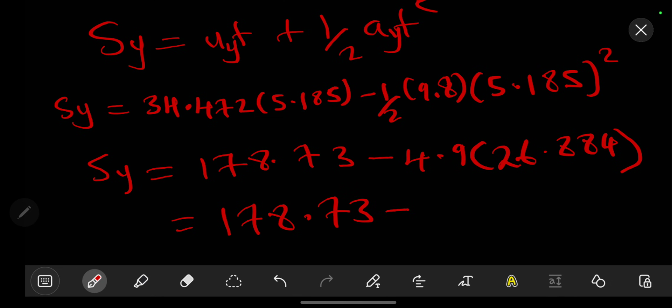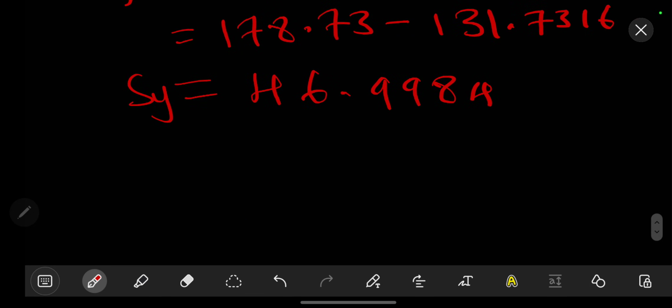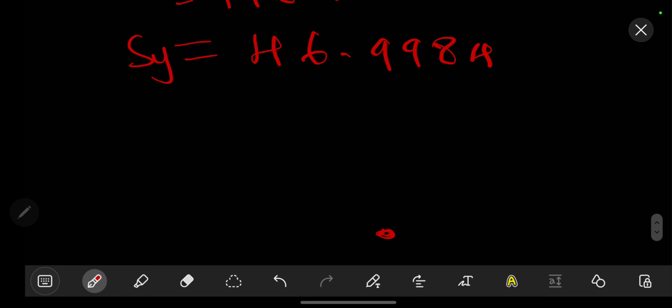So multiplying, we are going to get 178.73 minus 4.9 times 26.884. This is going to give us 131.7316. So we have 178.73 minus 131.7316. This is going to give us a value equivalent to 46.9984. So this is the distance above the ground the arrow will be at that point.